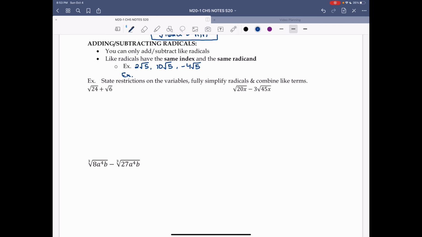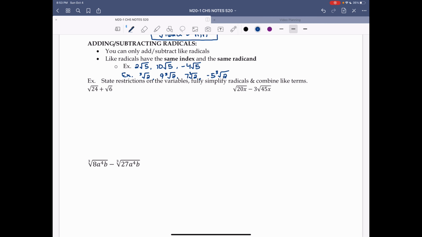Another example, the cube root of 2, 9 times the cube root of 2, 7 times the cube root of 2, and -5 times the cube root of 2. Those are all like radicals because they all have cube root 2.